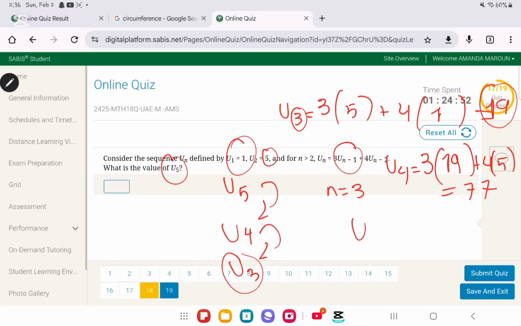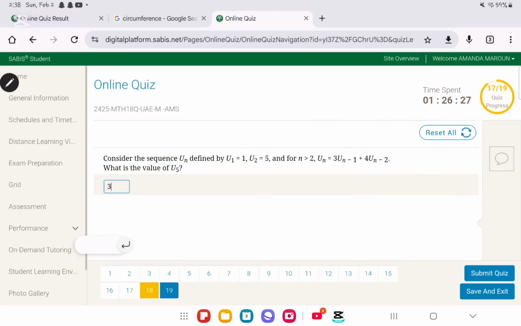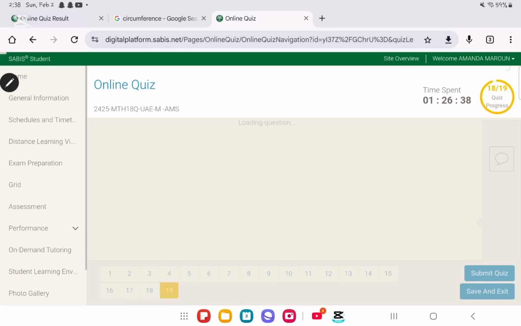And now finally, for u5, it's going to be 3 times un minus 1, so u4, which is 77, plus 4 times u5 minus 2, which is u3, which is 19. So if you put it on the calculator, 3 times 77 plus 4 times 19, we will get an answer of 307. Now we move on to the last question.